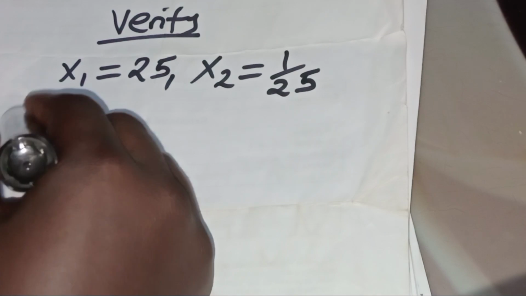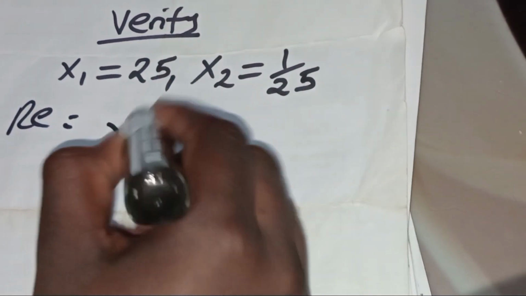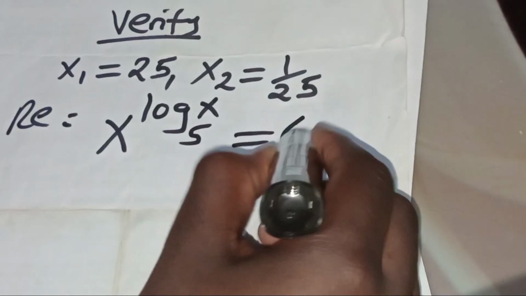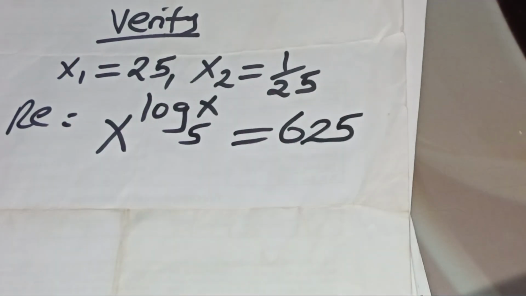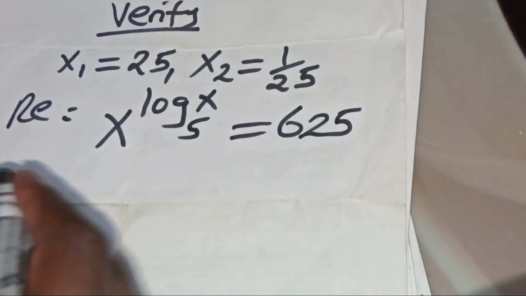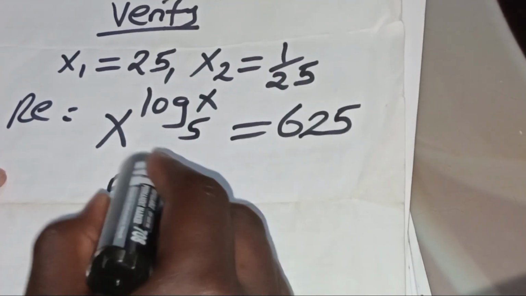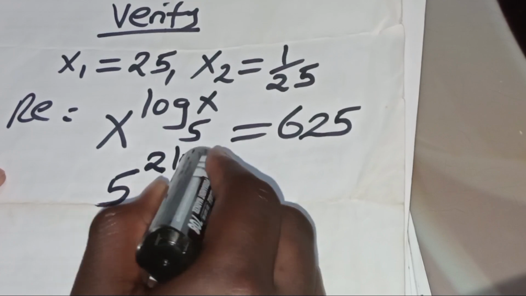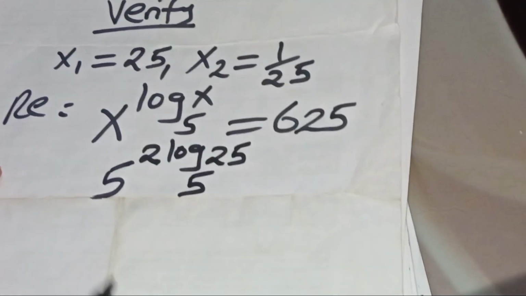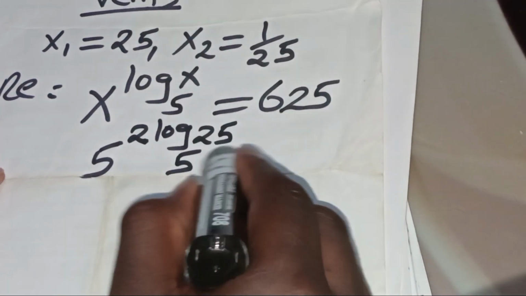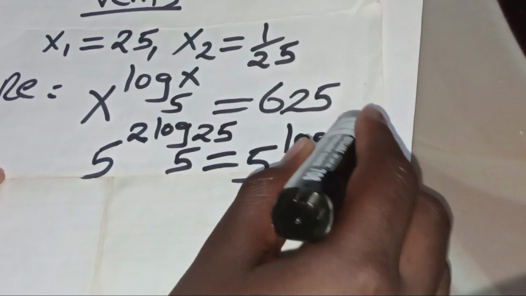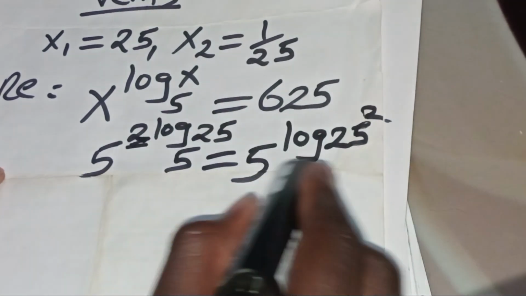If you recall, x to the power log x to base 5 is supposed to give us 625. Now, we have the value of x as 25, which we can express as 5 to the power 2 log 25 to base 5. So this is the same thing as 5 to the power log 25 squared to base 5.